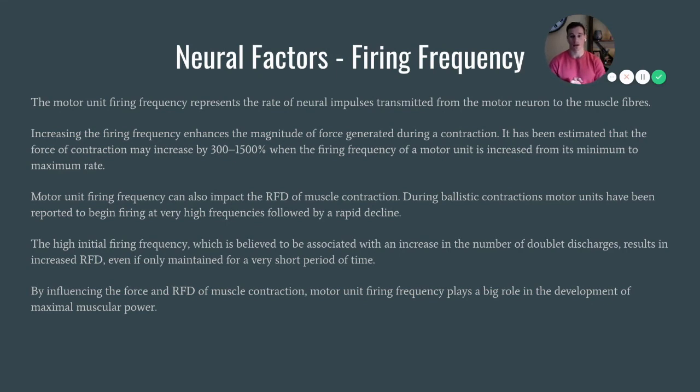The high initial firing frequency is believed to be associated with an increase in the number of what we call doublet discharges, which again increase rate of force development, but are only maintained for quite a short period of time. So by influencing the force and rate of force development of a muscle contraction, motor unit firing frequency plays a big role in the development of maximum muscular power.